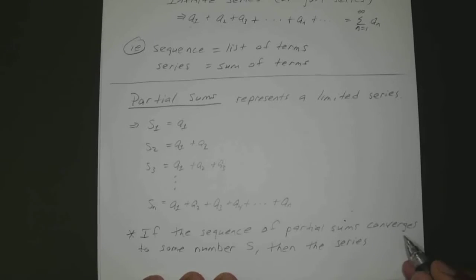So then the series, the sum of a sub n from n equals 1, could be n equals 0, either one is just fine, that also converges.